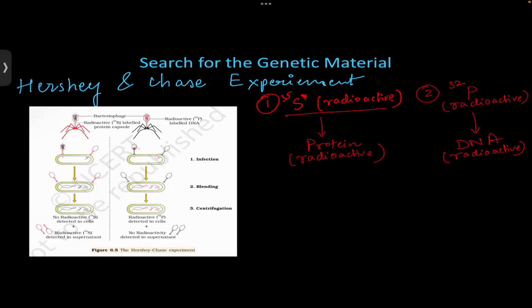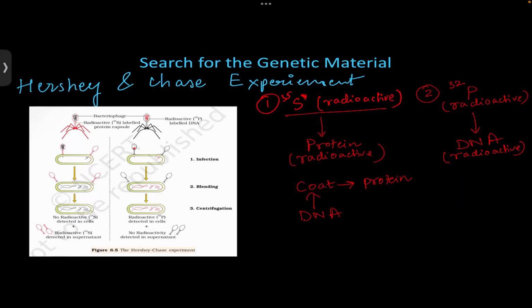Now, a virus is a very simple organism. The virus has a coat, a shield, and this coat is made up of protein. Within this coat is the genetic material. They were assuming, let's say, that it is DNA.